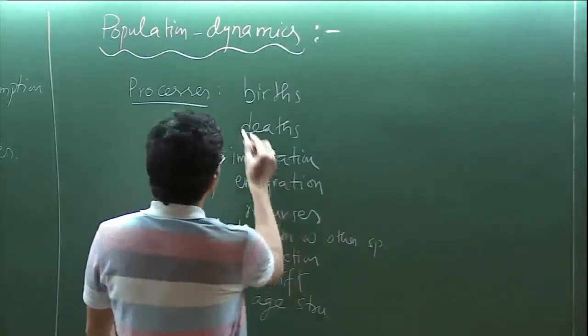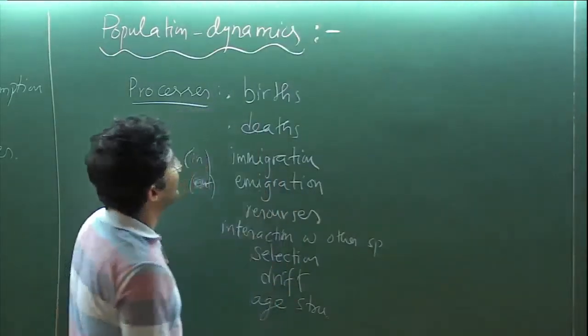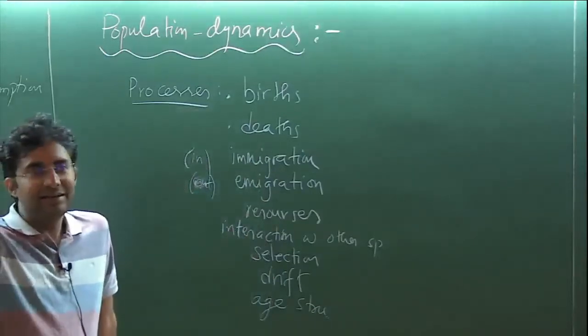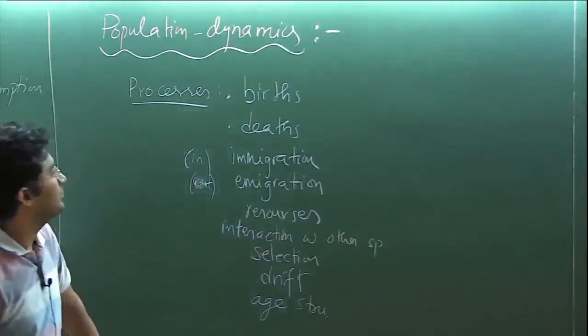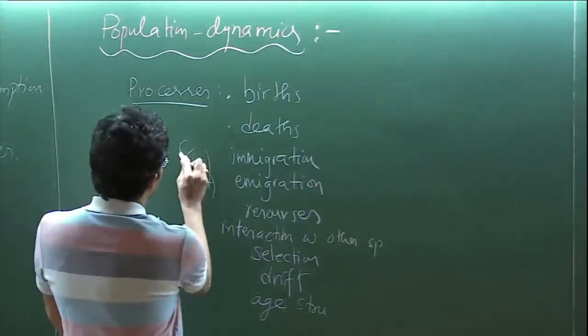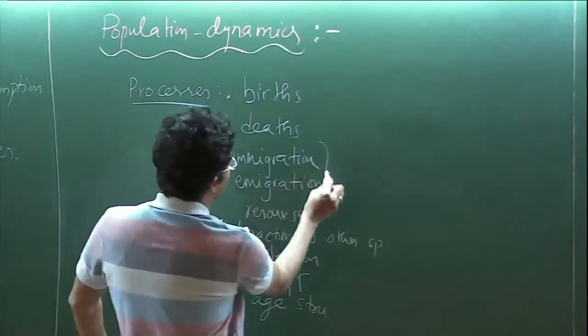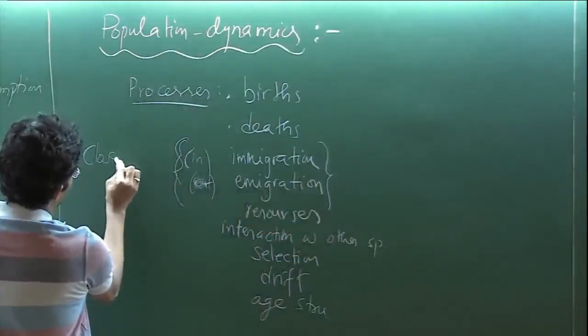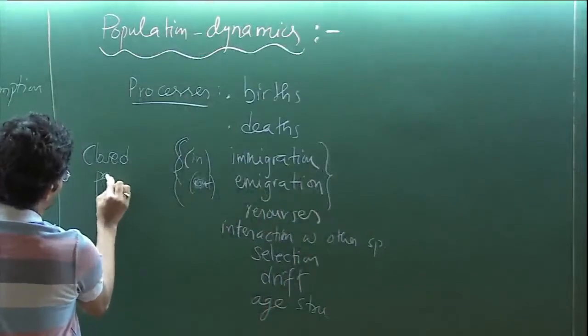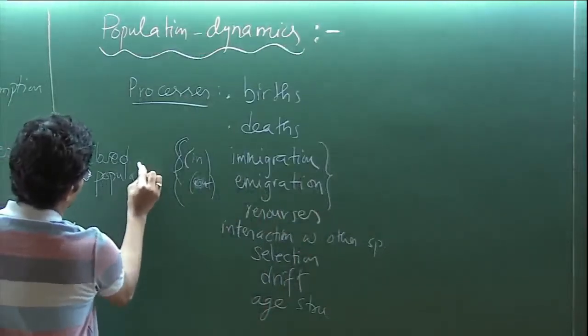Okay, so what does birth and death do to population sizes? Birth will increase, death will reduce, right? So what does immigration do? Increase. So let us make a simple assumption that we are looking at closed populations. All of you know what a closed population is?